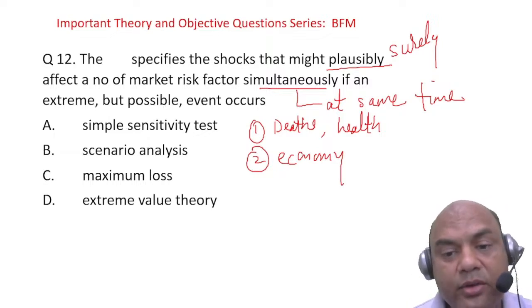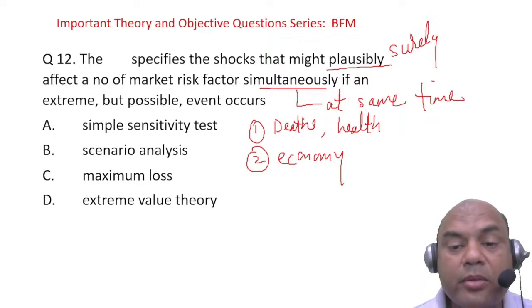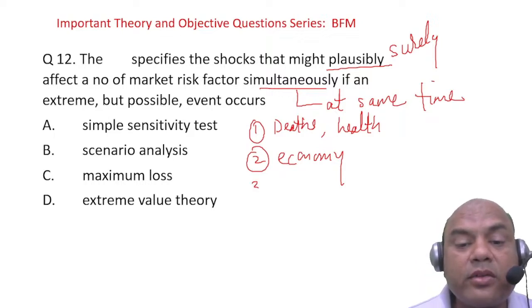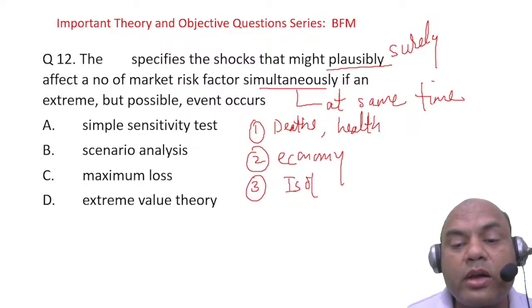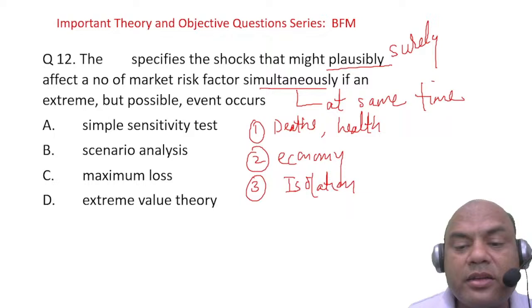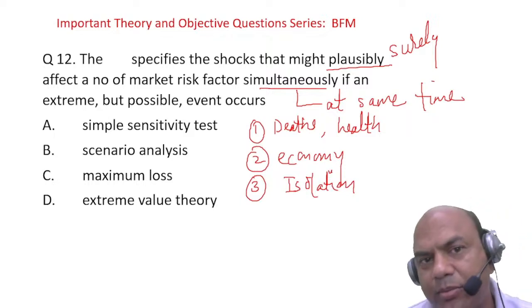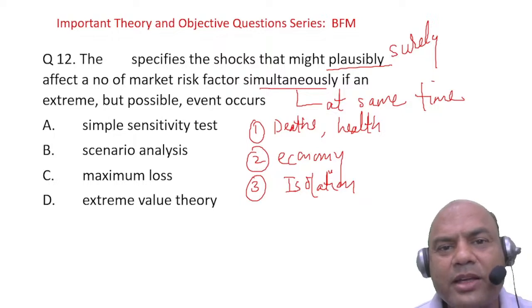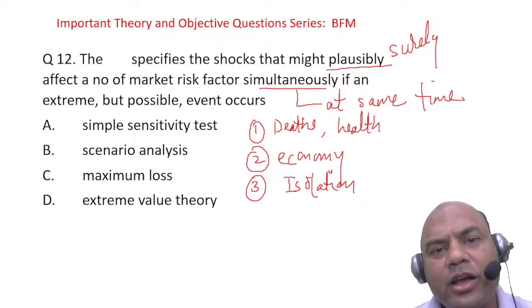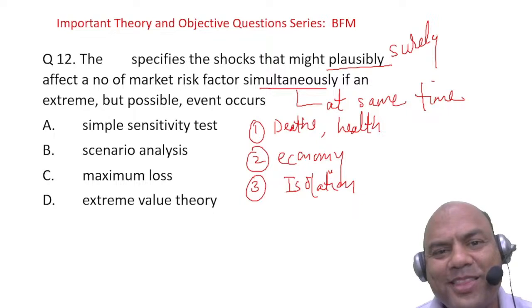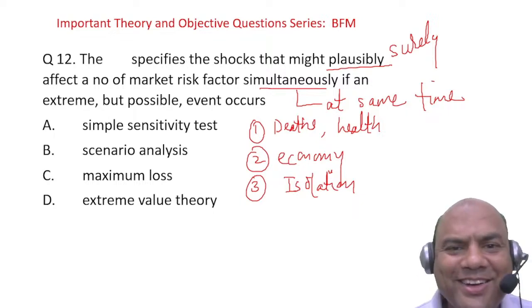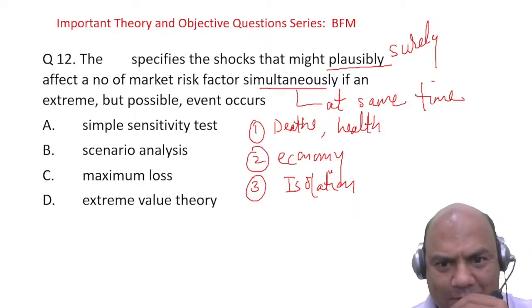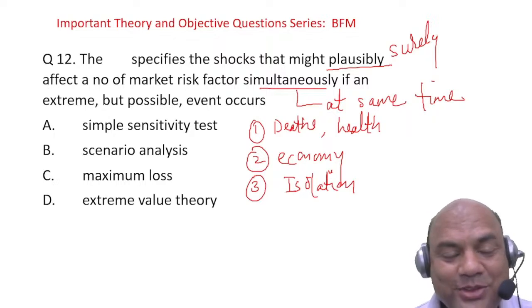Bond prices went down. So economic problem. Then immediately third one, home isolation. Everyone had to sit at home. No work, except the bankers, right? Bankers had to work at that time also. Bankers are what we call Amar, Ashwathama. So bankers were working at that time also.